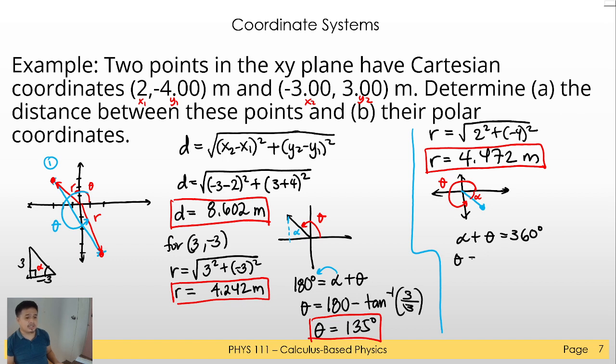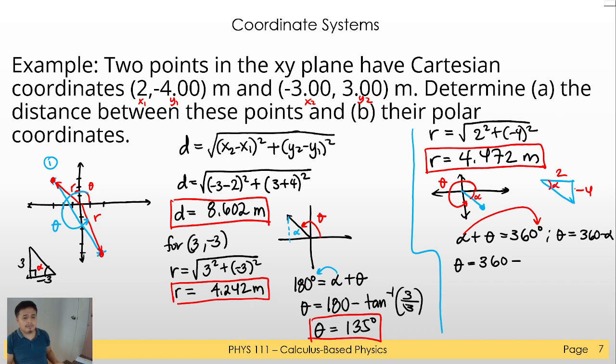So to solve for theta, let's write this down here, theta is equal to 360 minus alpha. So if you transpose this alpha to the other side, therefore, theta is equal to 360 minus alpha. So what is alpha here? So alpha, drawing this triangle here, based on the coordinate, we have 2 and negative 4.